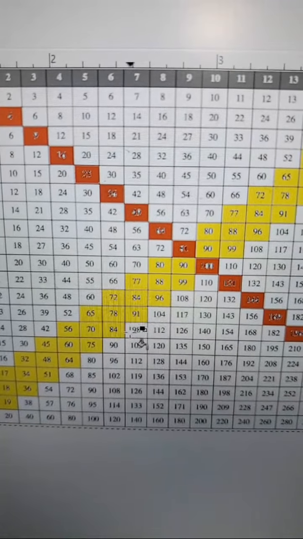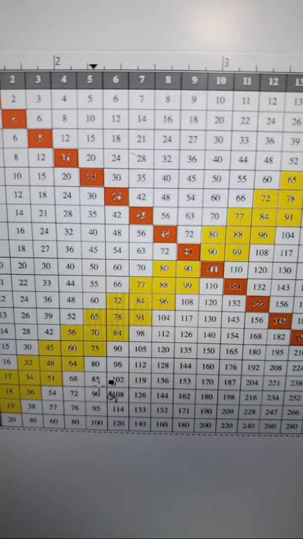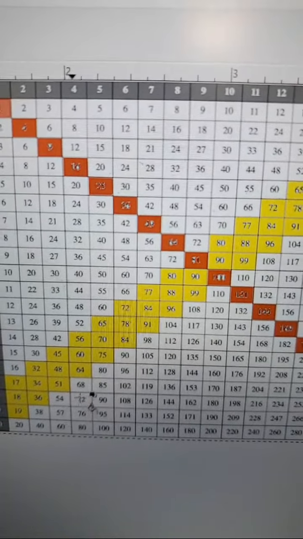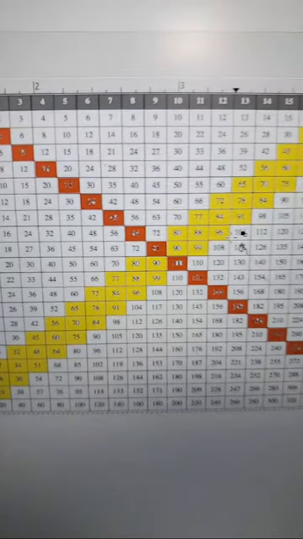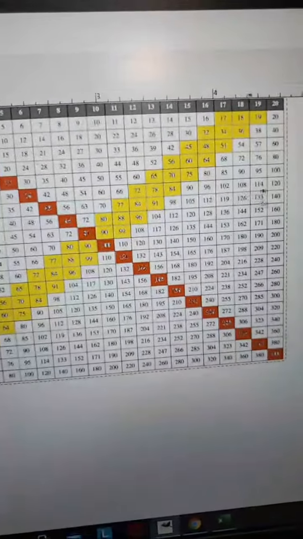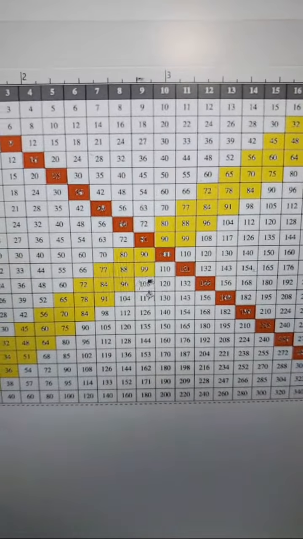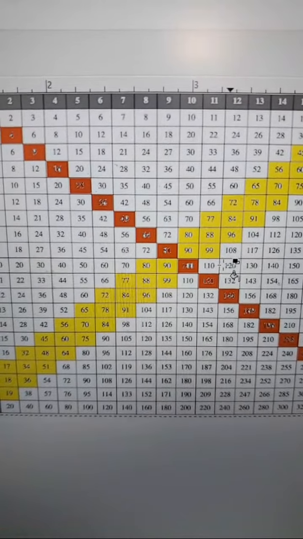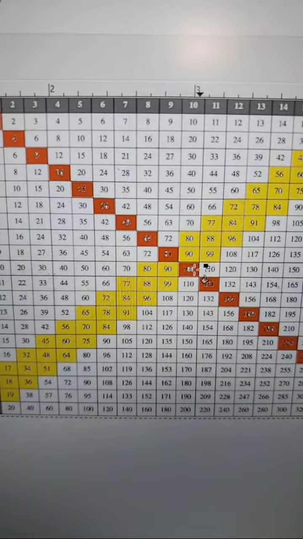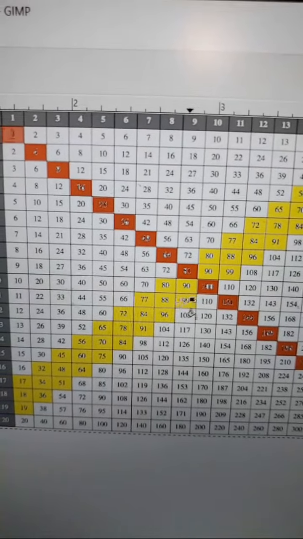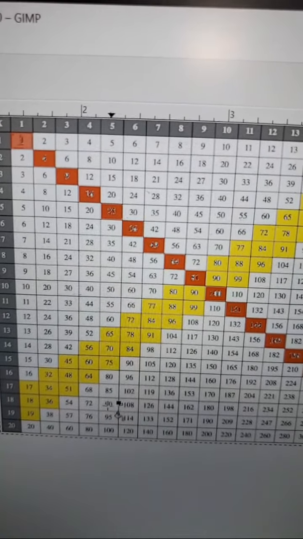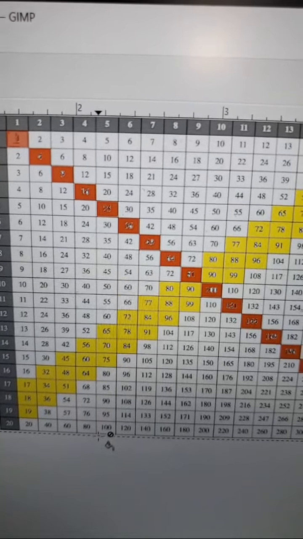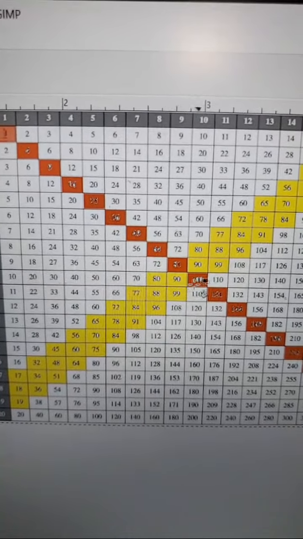Because there's that one, that one, that one, and it's this arc. Oh, that was the arc I saw when I did this in a spreadsheet. And if you pick between two numbers, it gives you that arc.